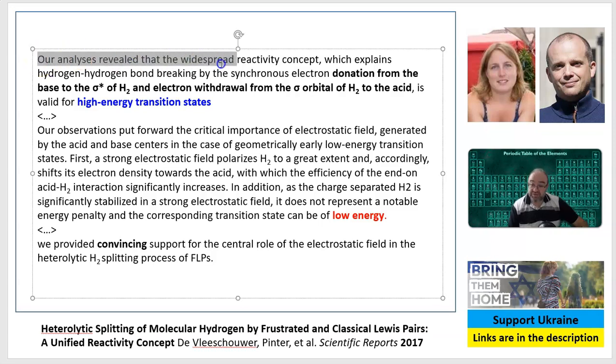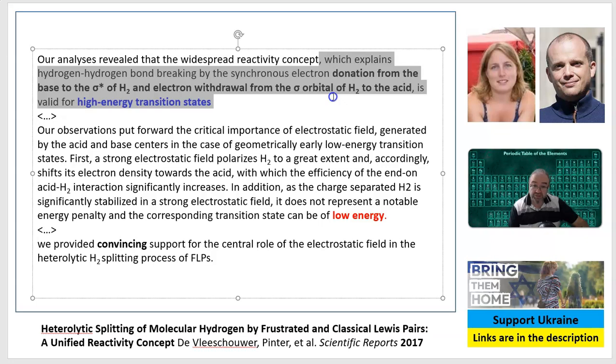Our analysis revealed that the widespread reactivity concept, again, widespread, it's not widespread, it's something that was proposed by Professor Papai mostly. Maybe others just repeated it. Anyway, our analysis revealed that the widespread reactivity concept, which explains hydrogen-hydrogen bond breaking by the synchronous electron donation from base to the sigma star of hydrogen and electron withdrawal from the sigma orbital of hydrogen to the acid, is valid for high energy transition states.